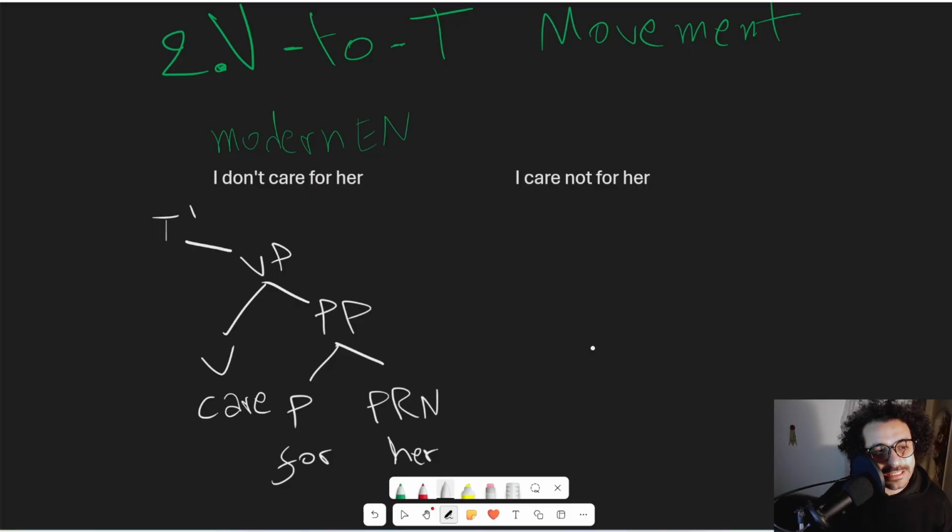It's going to be a T bar since we have inflection, and then a T. We're not going to split this into further heads because I should have the negative phrase projection separate, but for the sake of brevity, I'm not going to do it now. So I'm just going to write don't.